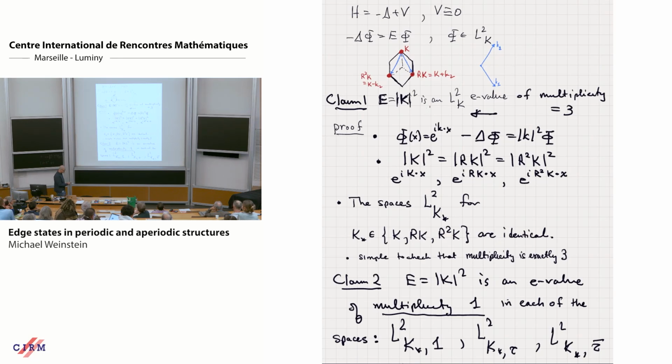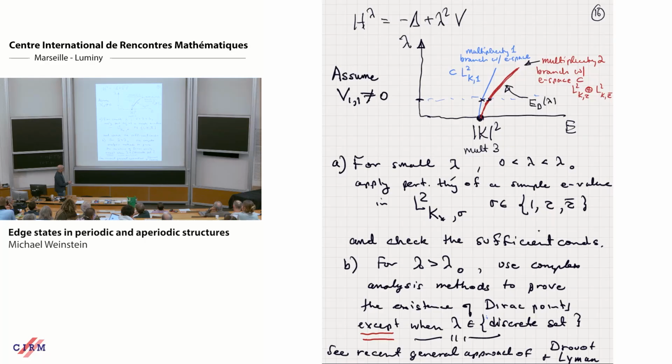So you can then do elementary analytic perturbation theory of simple eigenvalues. You no longer have to worry about degeneracies, and you establish this picture that you get a double eigenvalue in these spaces and a simple eigenvalue here under a Fourier non-degeneracy condition. This is how you verify the hypotheses for λ small.